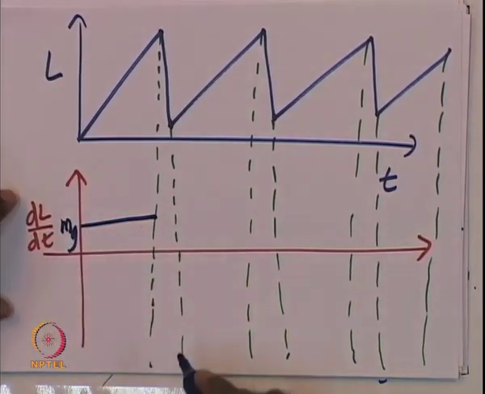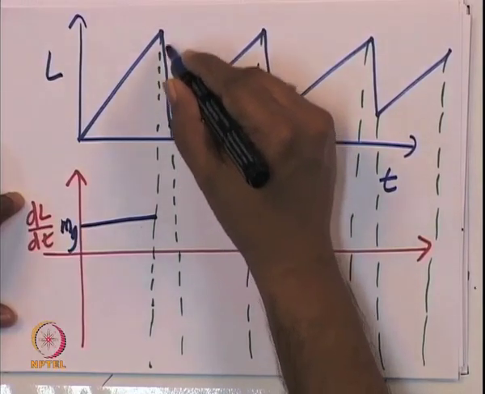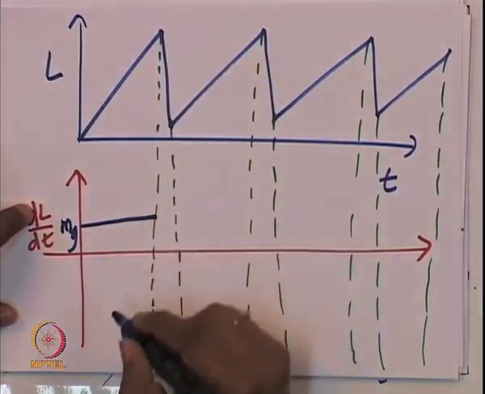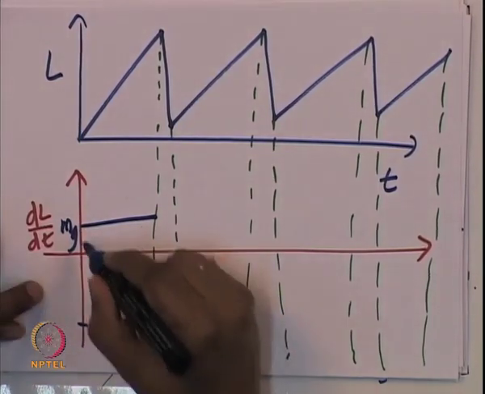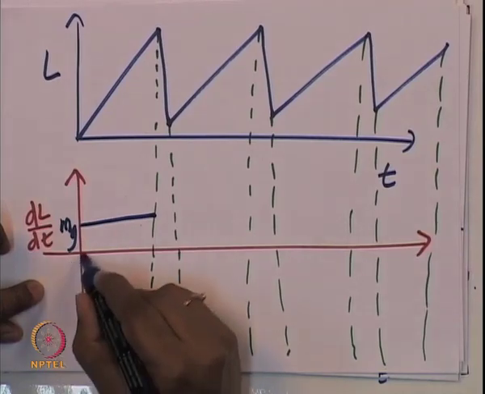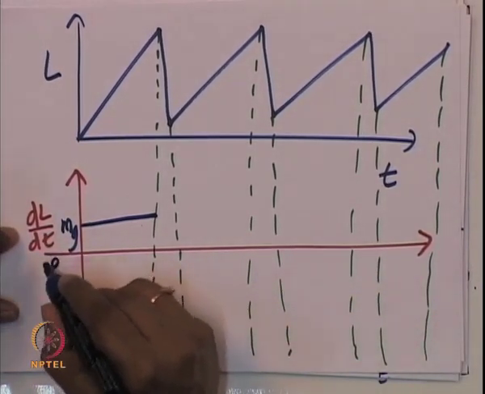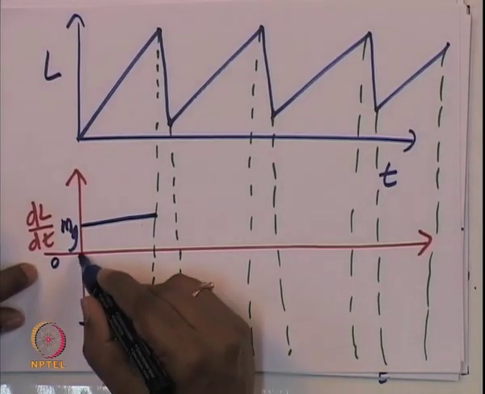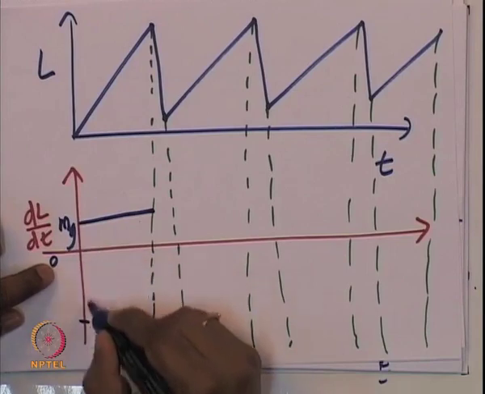Now this is the shrink phase, which has a negative slope, much larger than this. From here to here, this is 0, and how much negative it goes from 0?